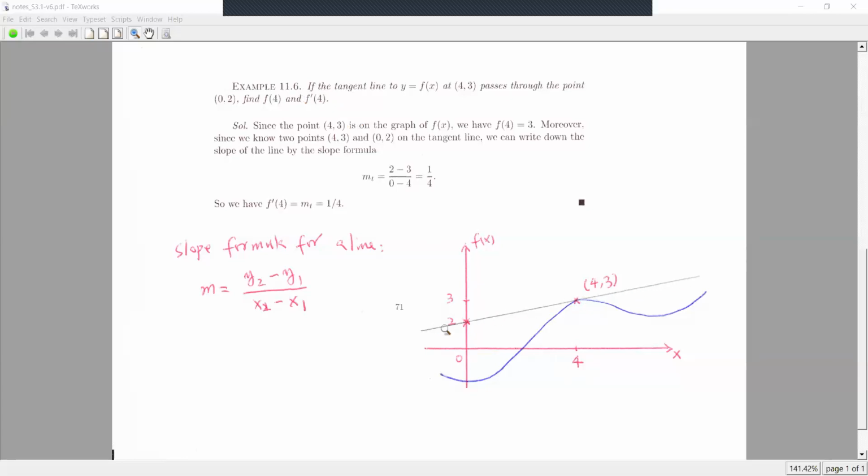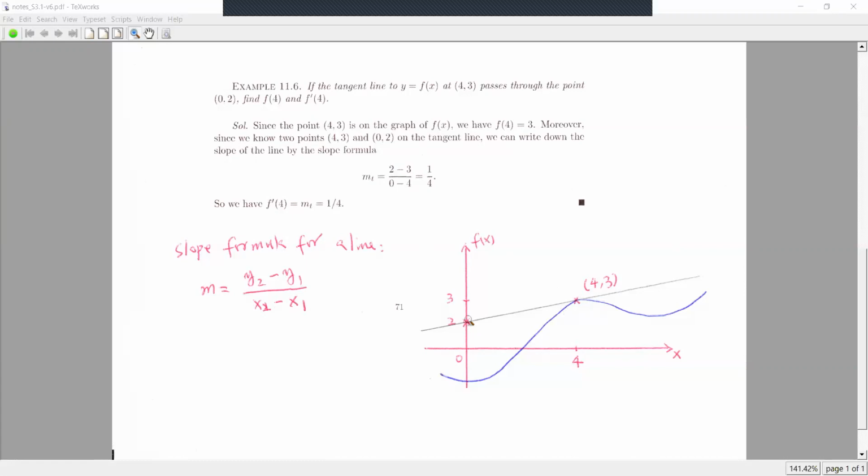Now, about this tangent line, we can determine the slope because we have 2 points on the tangent line. 4, 3 is one point. The second point is 0, 2. So by the slope formula, the slope of this tangent line is equal to y2 minus y1 over x2 minus x1.